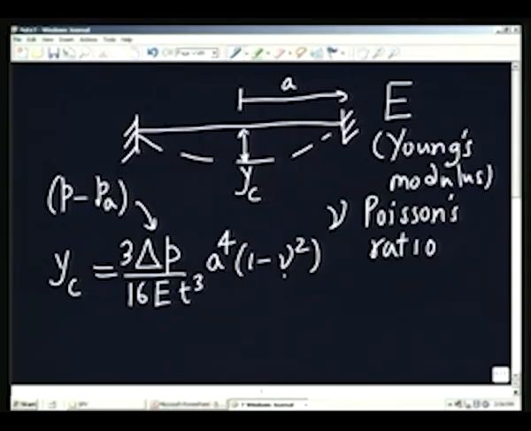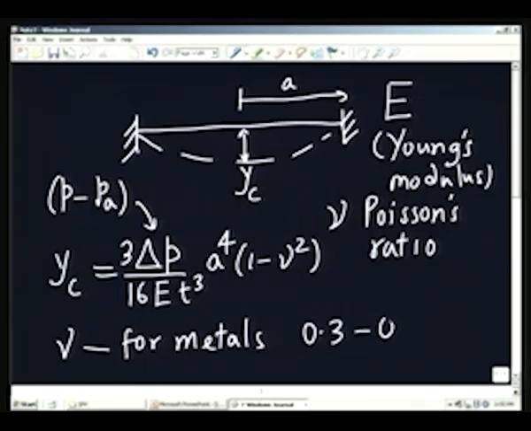Poisson's ratio for metals, if we are using a metal diaphragm, either stainless steel or some other metal, may be anywhere between 0.3 and 0.5. Okay. And the Young's modulus is known.